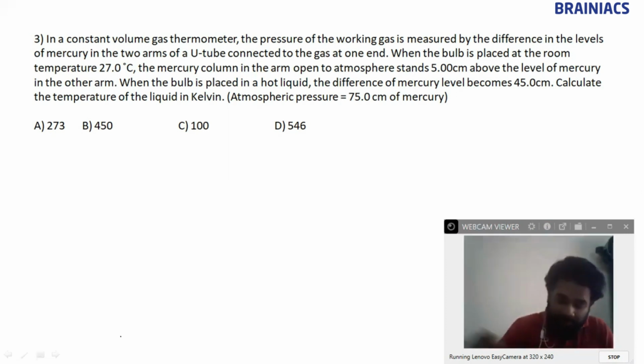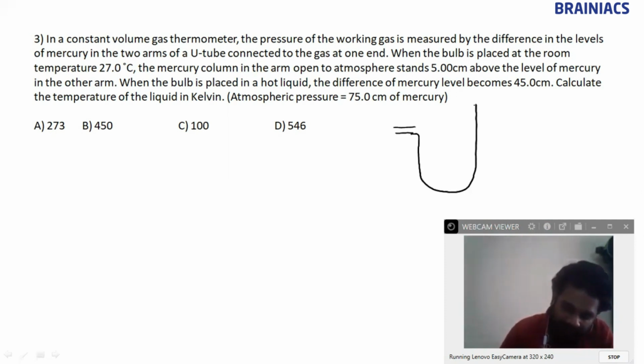And already we have studied all this in fluid mechanics, or mechanical properties of fluids. Okay, I will just show you. So here this is a thermometer which follows this principle.